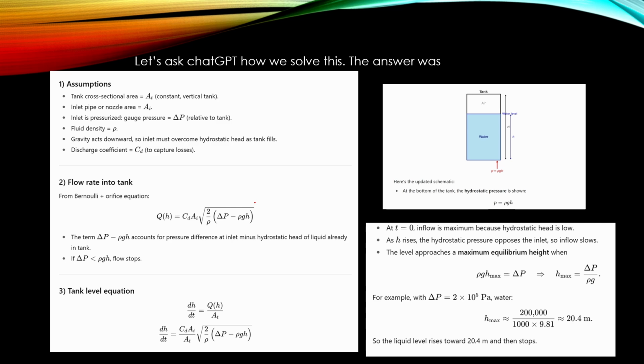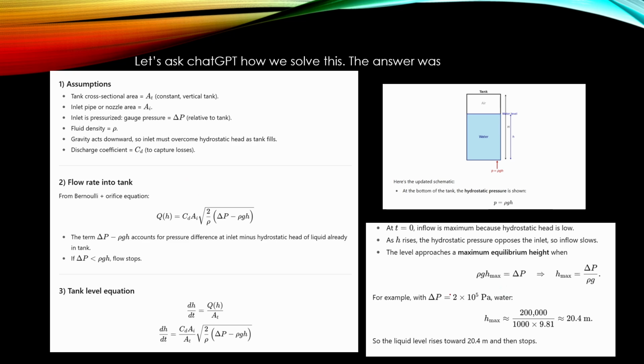Pressure difference between your pump outlet pressure and this hydrostatic pressure. And finally you will be in a situation that the hydrostatic pressure at the bottom of the tank is the same or even higher than your pump outlet pressure, and then this process will stop.